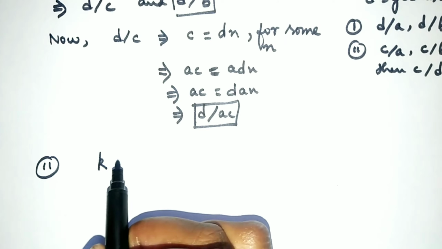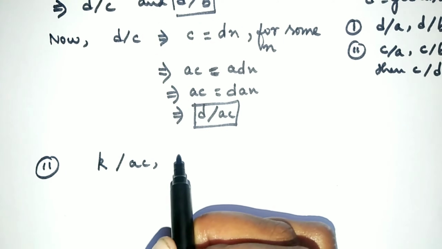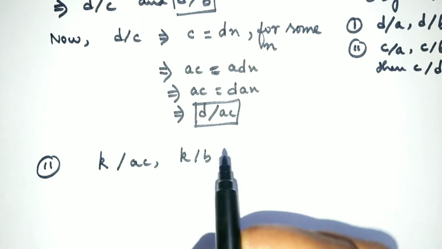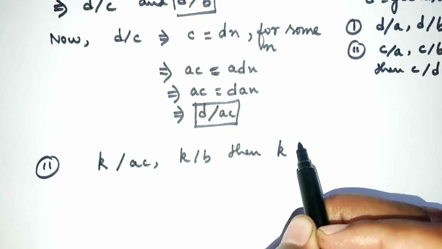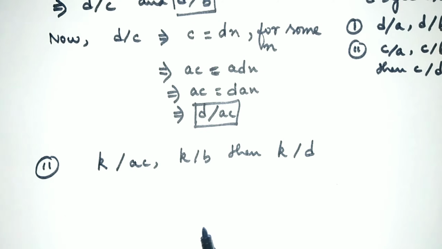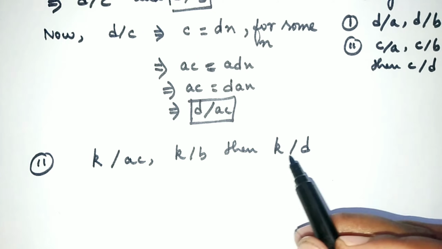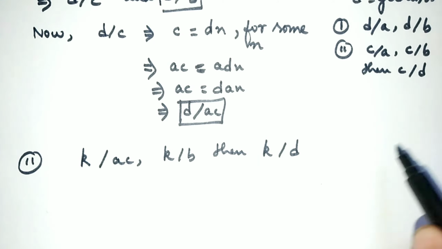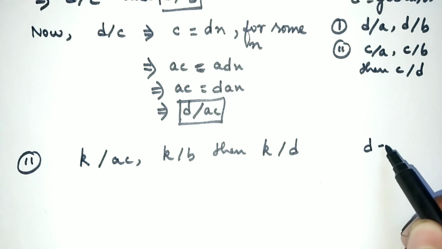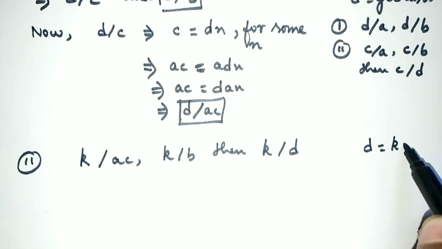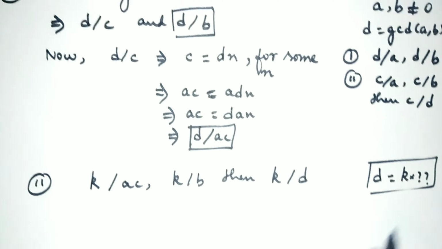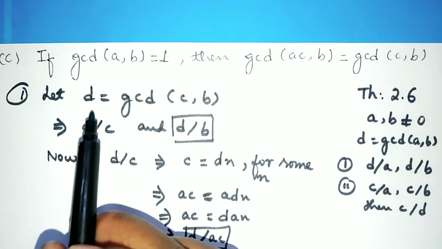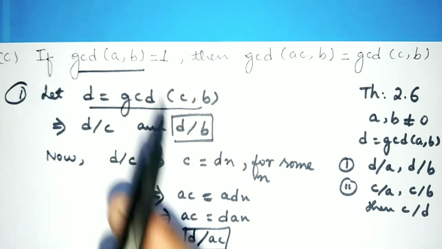Suppose K divides AC, K divides B. Then we will be showing that K divides D. Okay, how to show that K divides D? We should show that D is equal to K times something. And for showing this, we will be using this one and this.